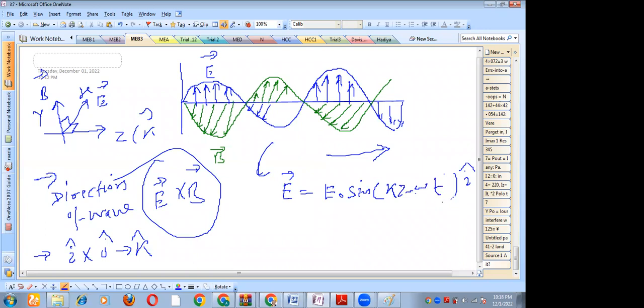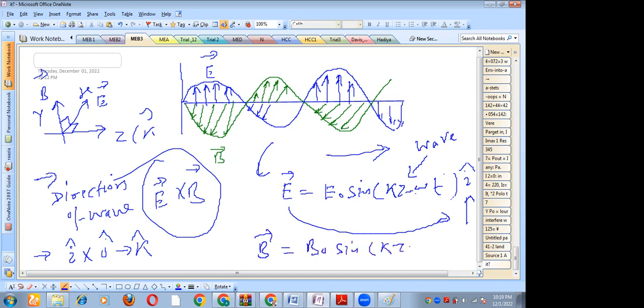So this will represent the electric field, and this will represent the direction of wave motion. Similarly, for the magnetic field equation, you will write B is equal to B naught sine kz minus omega t, which will be common for both.